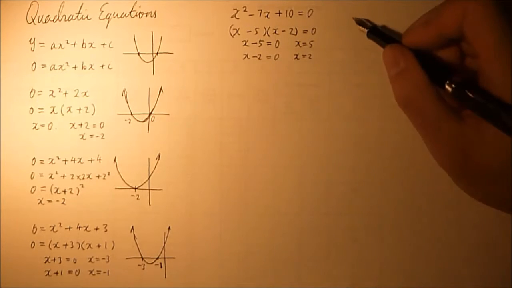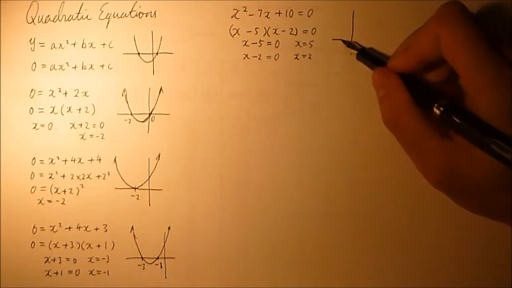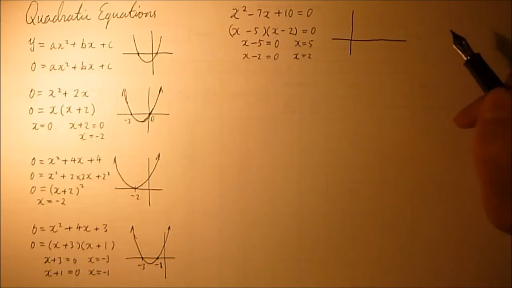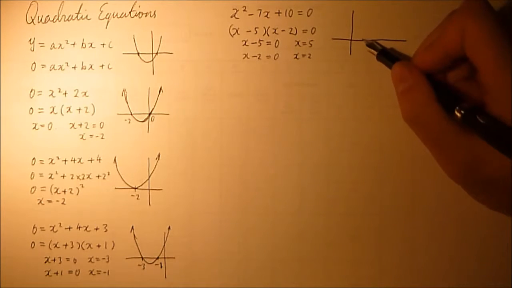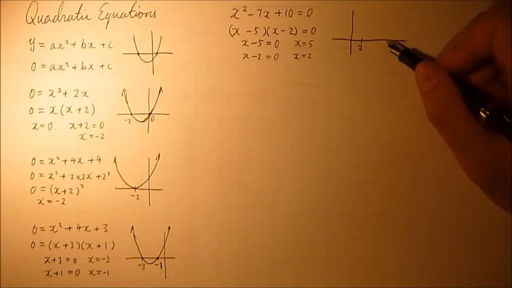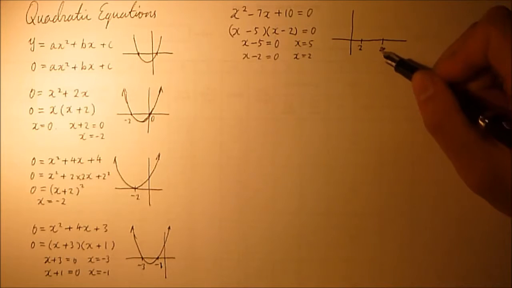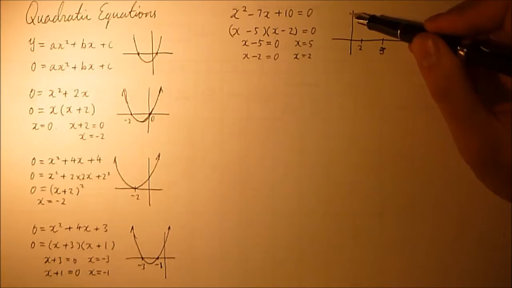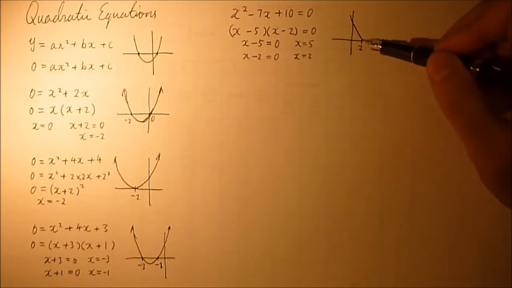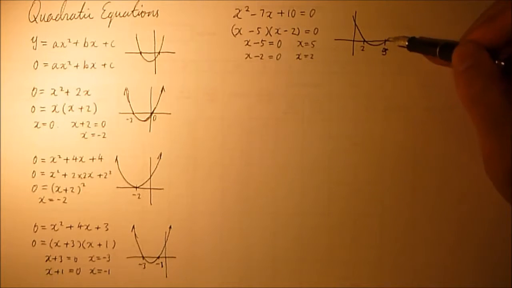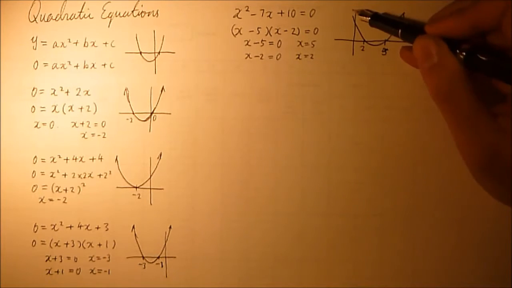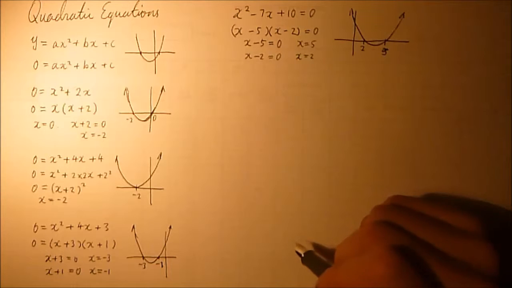So if we have, once again, a parabola, it means that at two places, x equals 2 and x equals 5, we have our parabola cutting the x-axis.